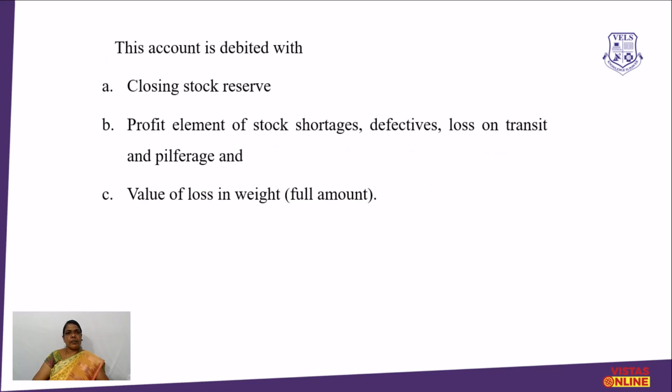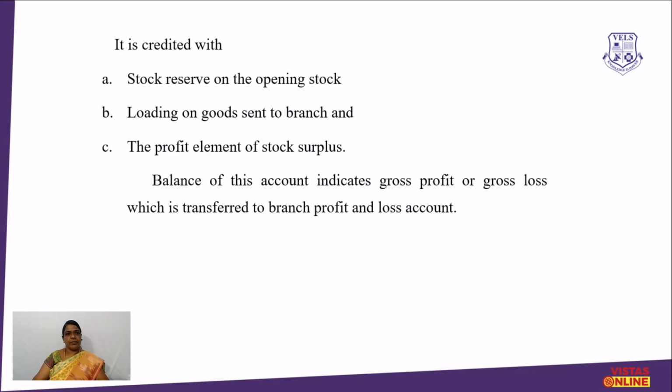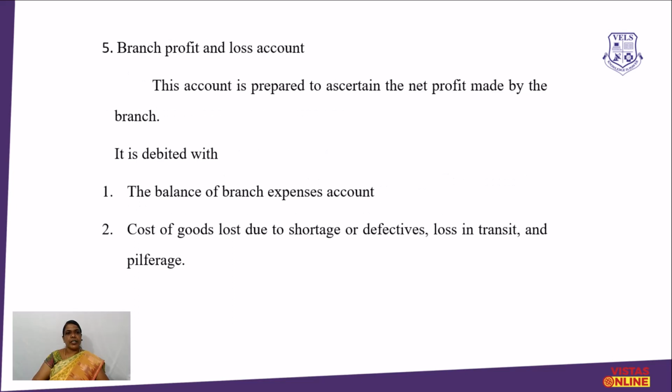This account is debited with the closing stock reserve, profit element of stock shortage, defectives, loss in transit and pilferage, and value of loss in weight. It is credited with stock reserve on the opening stock, loading on goods sent to branch, and the profit element of stock surplus.